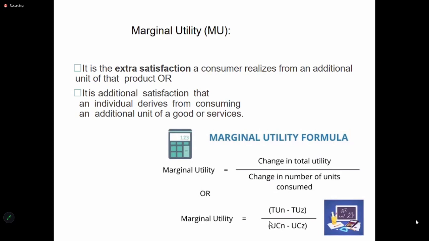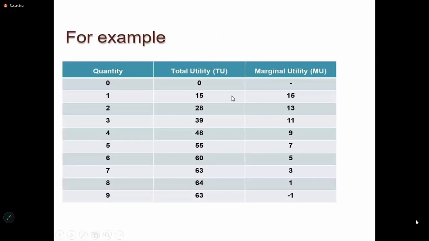You can use any terms based on the formula or the graph you prepared for this. For example, today I will just explain the way of calculating these, though you have done it already. Let's say one product: these are the quantities, these are the total utilities, and these are the marginal utilities. I think you know how to calculate.